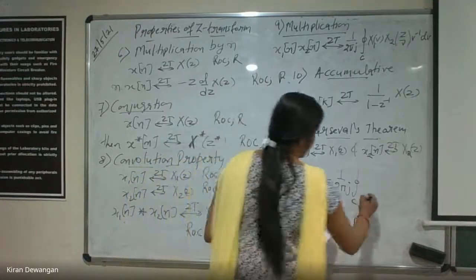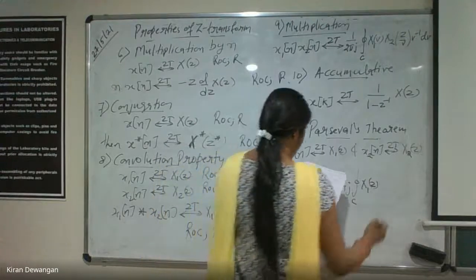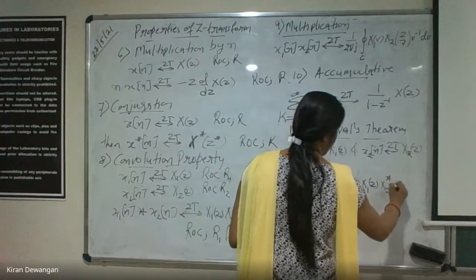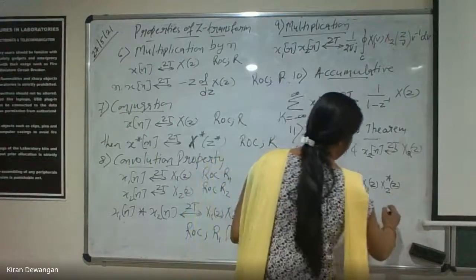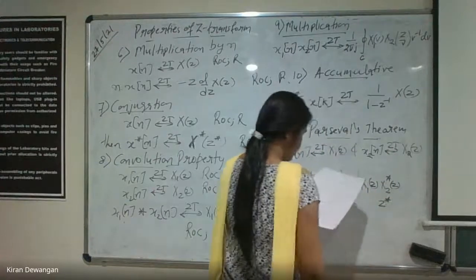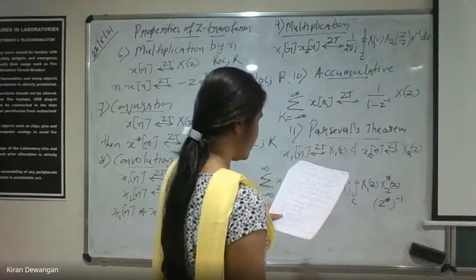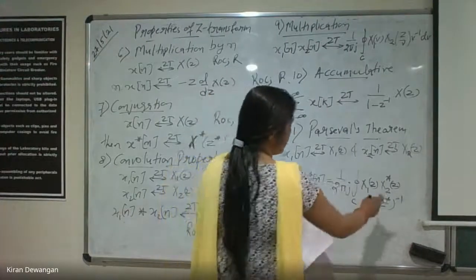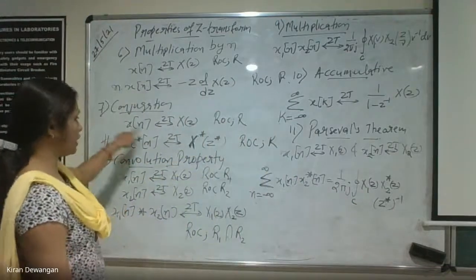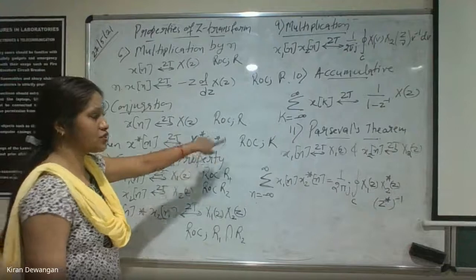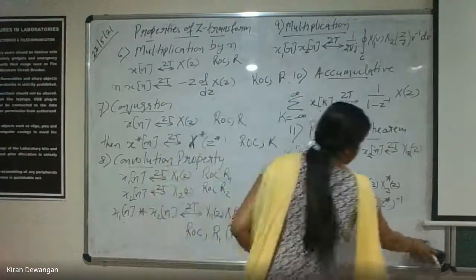This will be X1(z) into X2 conjugate, and we have the term z conjugate to the power minus 1. We have studied the conjugate, so I have to write it this way.